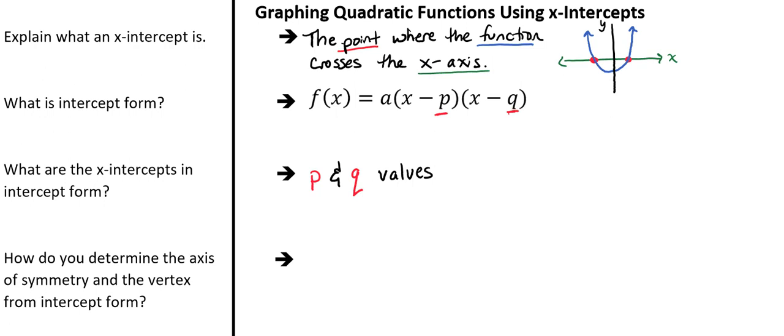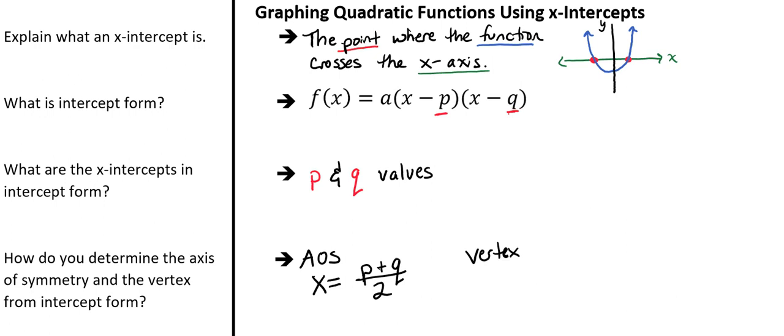So how do you find the axis of symmetry and the vertex from intercept form? Our equation is going to be a little bit different than what we would use for standard form. For our axis of symmetry, remember we sometimes use AOS for short, our equation is p plus q divided by 2.